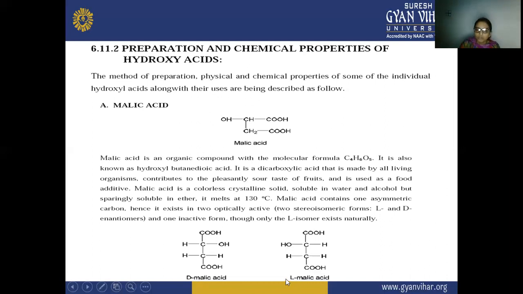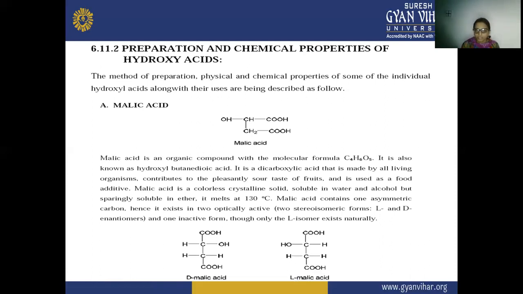And there is one inactive form, because in this carbon both sides have hydrogen attached and one side has COOH, so it is an inactive form. Only the L isomer exists naturally. So only this L malic acid exists naturally.